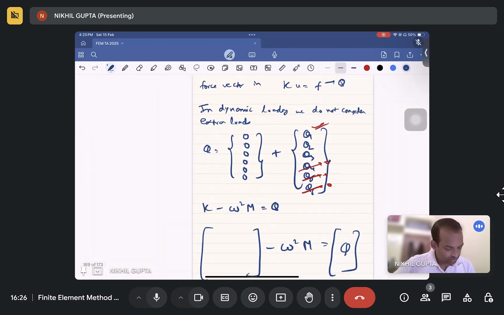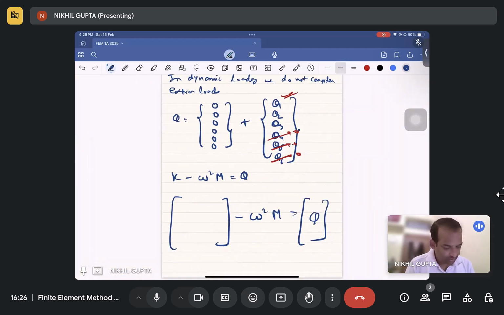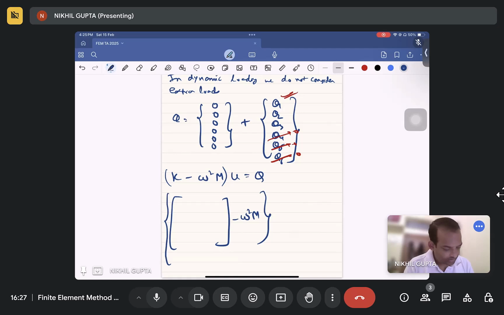So here one u matrix will also come, as k minus omega square m times u is equal to q, with u1 u2 u3 u4 u5 and u6 corresponding to the full q vector.